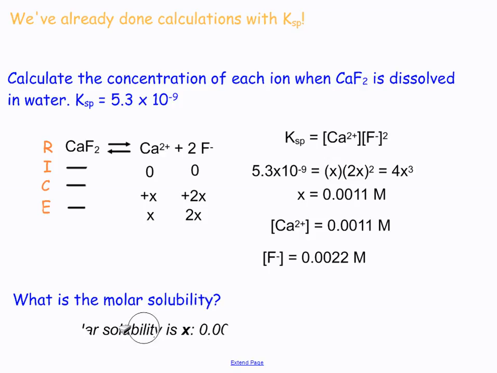Molar solubility is X. So it turns out that in this case, it's 1.1 times 10 to the negative 3 molar. So not very much dissolves. So we consider calcium fluoride to be insoluble or slightly soluble because we can't dissolve very much of it in water. So when we make a solution, it doesn't look dissolved to us.